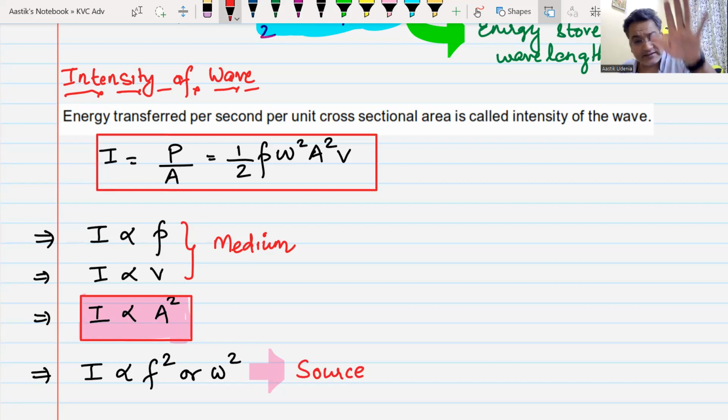If the wave remains in the same medium, you can only change the intensity by changing the frequency, that is, by changing the source. But if the wave goes into different mediums, because of the change in rho and v, the intensity will keep changing. Similarly with the amplitude. Do we understand all these terms now? Yes, sir. Half rho omega square A square v.